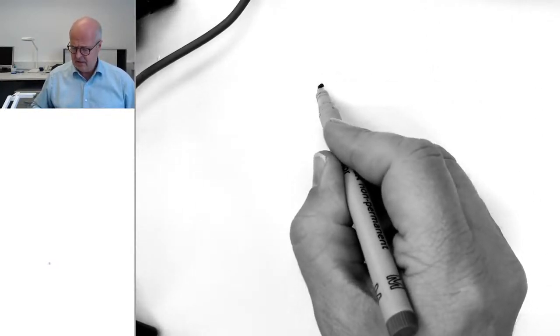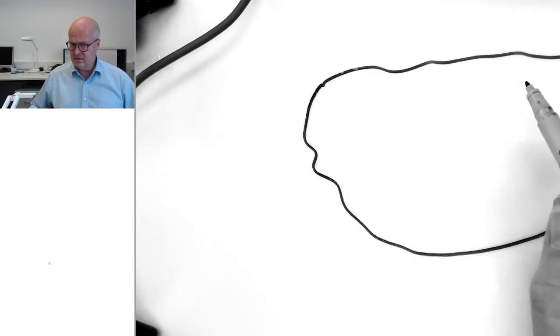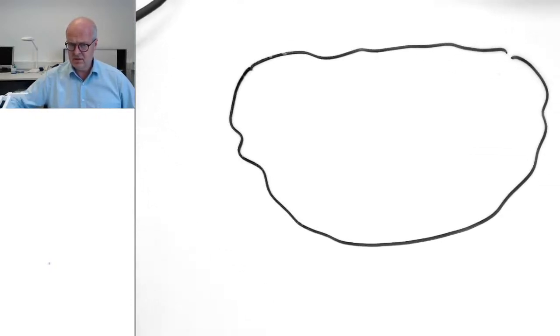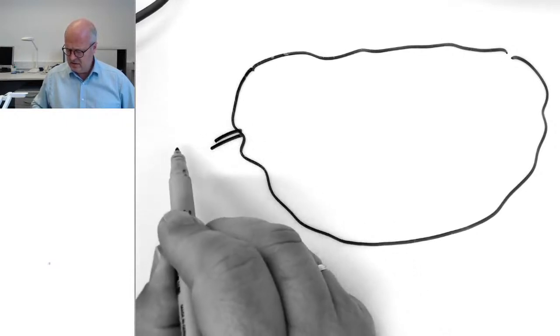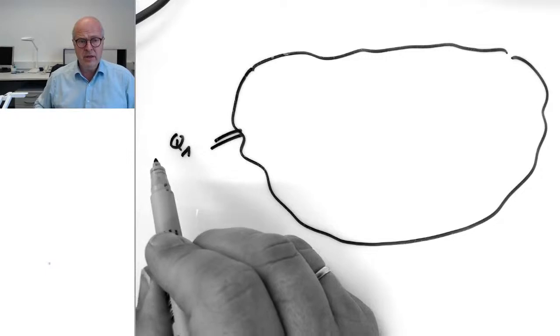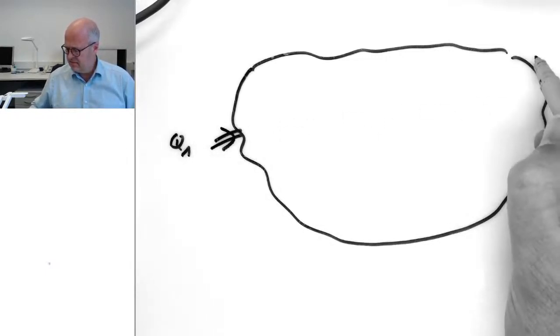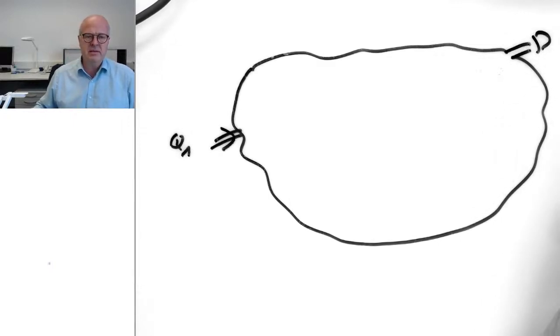Okay, so let's assume we have a lake. This is the lake, and this lake has an inlet, so Q1 flowing into the lake here, and an outlet, Q2, which should be the same in steady state conditions.